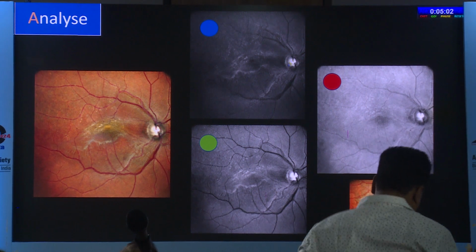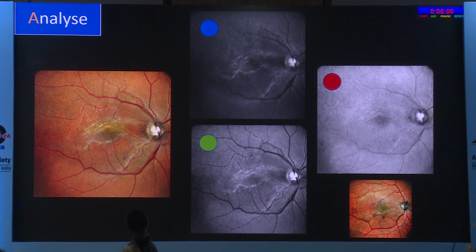So this is the multicolor image of an epiretinal membrane. Here you have an epiretinal membrane, and here you have a schisis of the macula. It is imperative to plan preoperatively how to remove this epiretinal membrane atraumatically, because any further trauma to this area may cause visual deterioration.